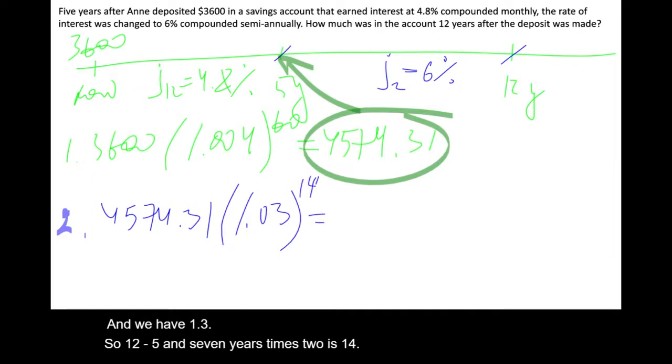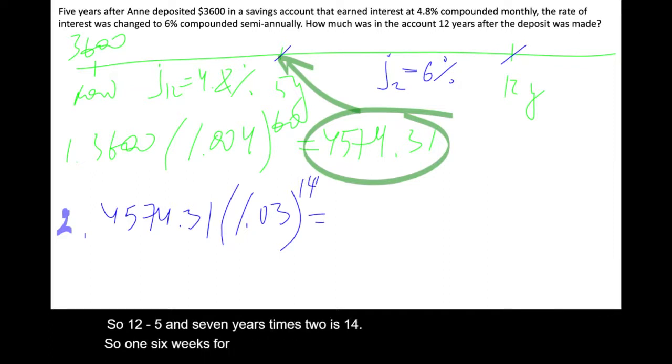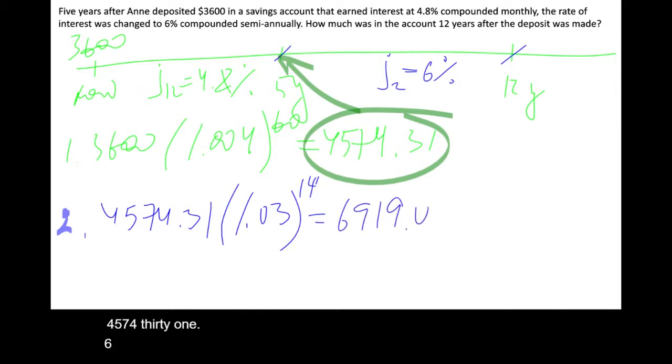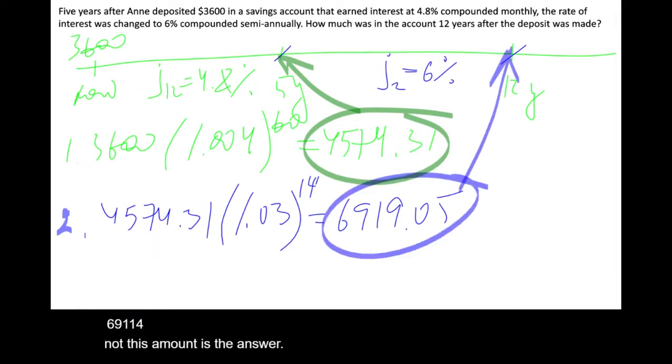So 1.03 exponent 14 times 4574.31 gives 6919.5. Now this amount is the answer. Sweet. Questions?